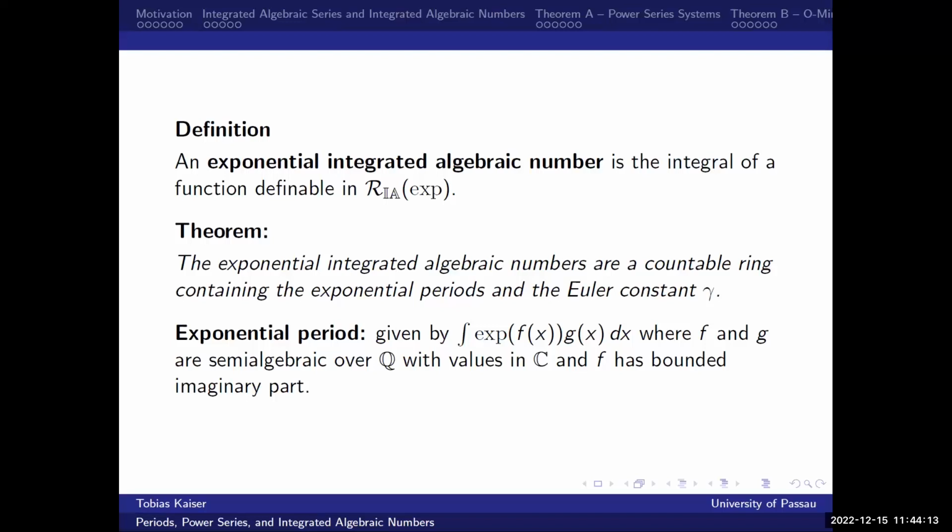In their definition, the imaginary part of f can be bounded. And that's why I'm in the o-minimal business. It should be absolutely integrable, as always. And still, even though it's absolutely integrable, they need the imaginary parts to be bounded. They show that for their purposes, it's enough to work with this.